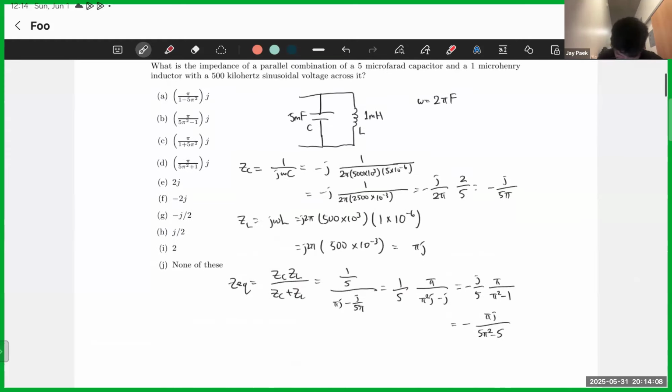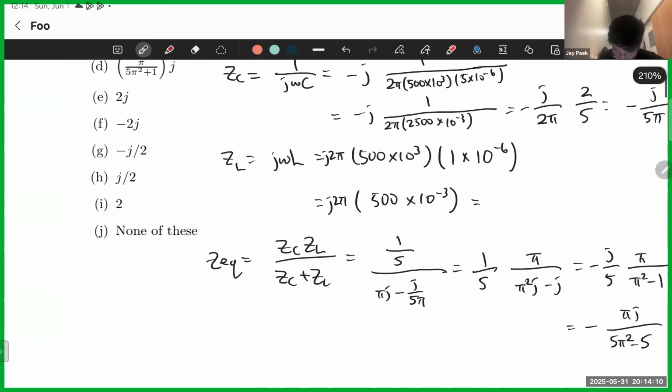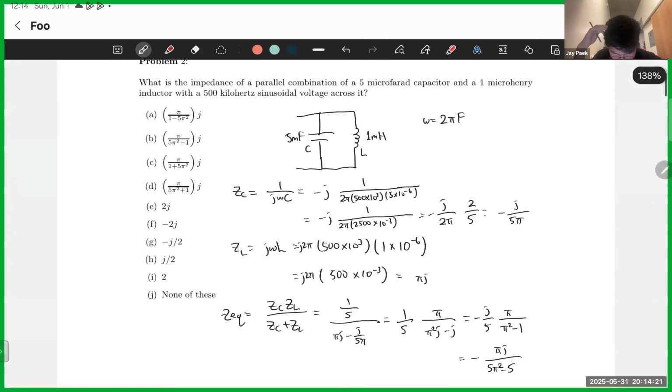Oh, I forgot. This is not just, actually, yeah, that's actually fine. This is just pi j. Hold on. j omega C, that's good. Over 2 pi f, it's fine. Kilohertz, it's correct. 5 microfarad, so that's good.